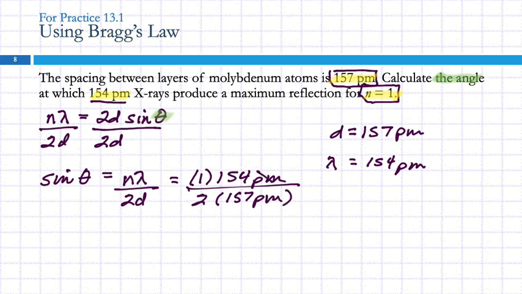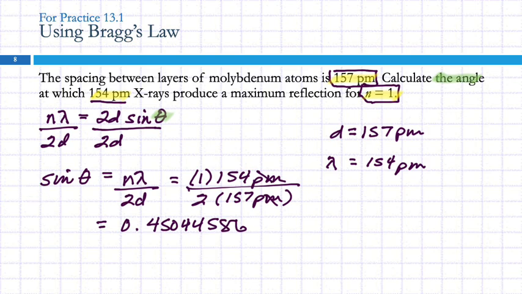And the picometers are going to cancel out. So I've got 154 divided by 2 divided by 157. So the sine of theta is equal to 0.49044586 if you want to be precise.